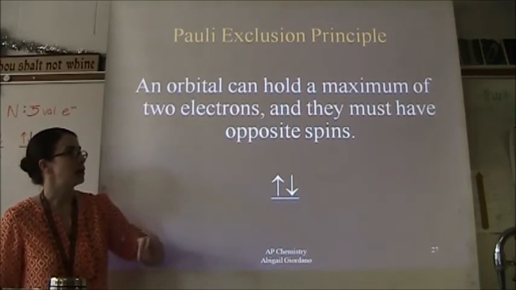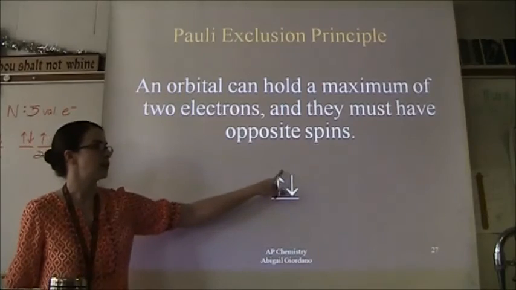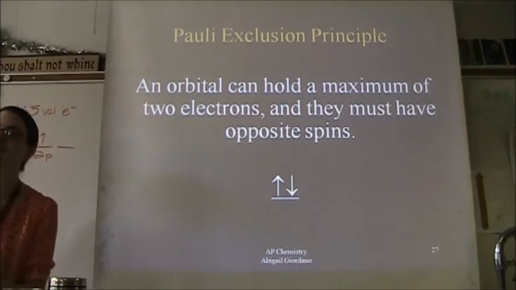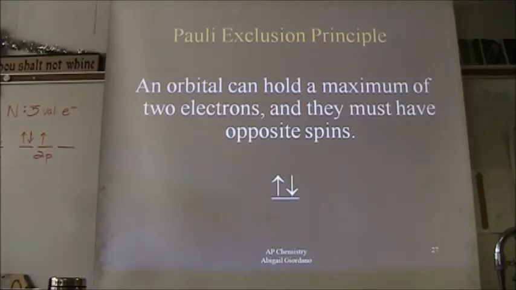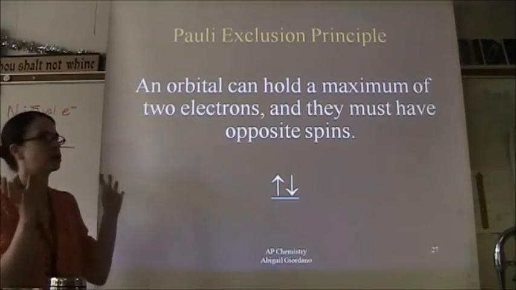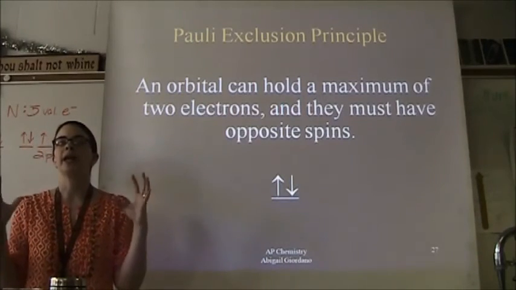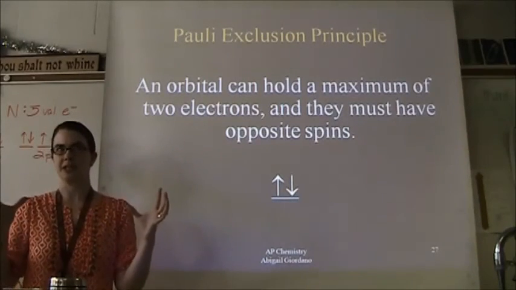The other part of the Pauli Exclusion Principle is that these electrons, the reason we draw up and down is because they are in opposite spin. Now, you're going to have to stretch your brains a little bit here, because I want you to imagine what an electron is experiencing.